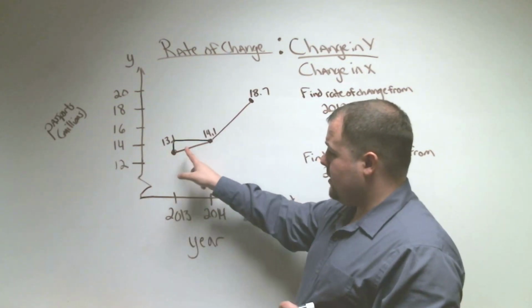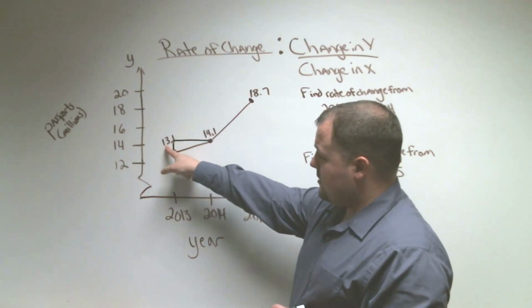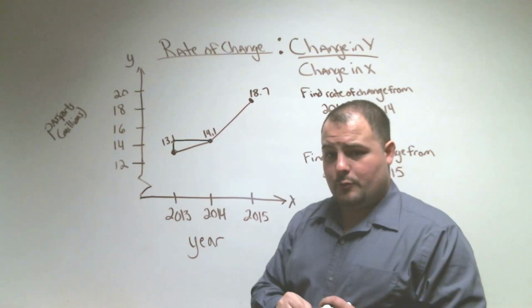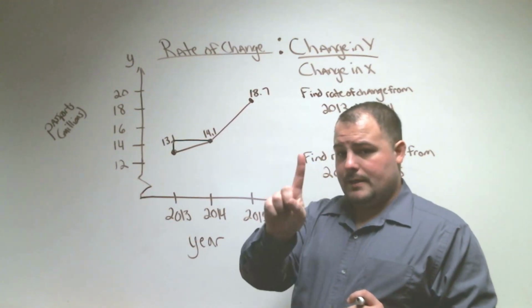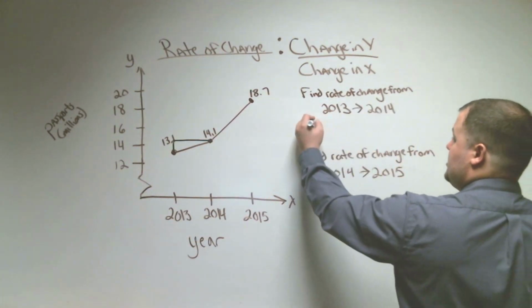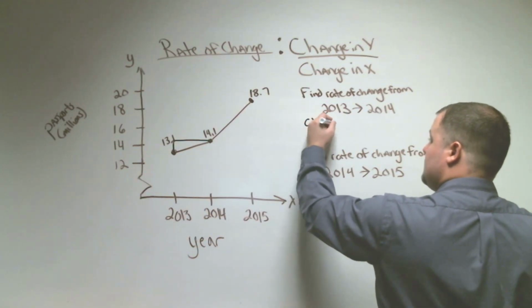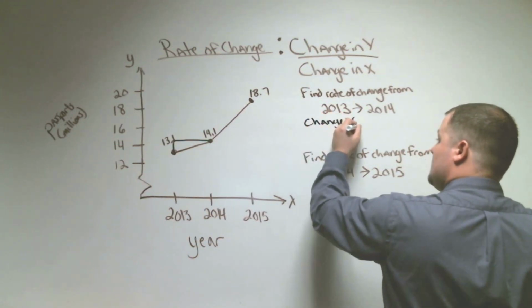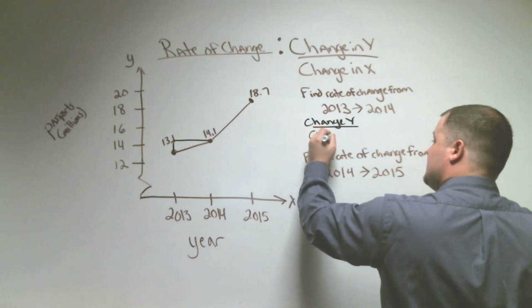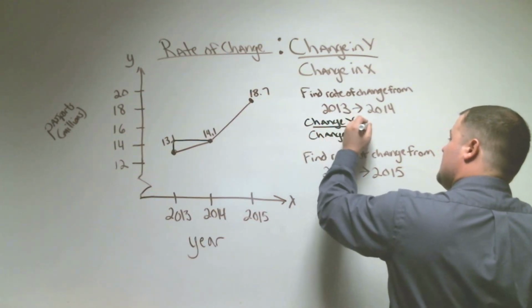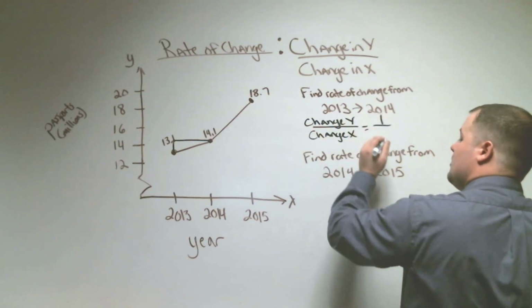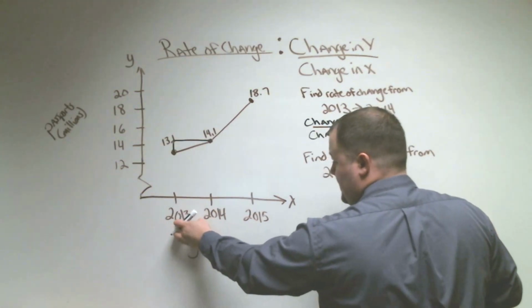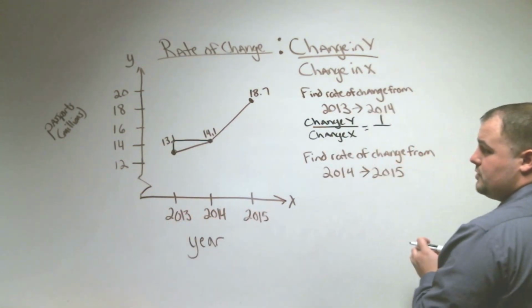So from this point to this point, I go from 13.1 to 14.1. So I really go up by 1 unit. So my change in y over my change in x, in this case, is 1 over, well, I go from 2013 to 2014.